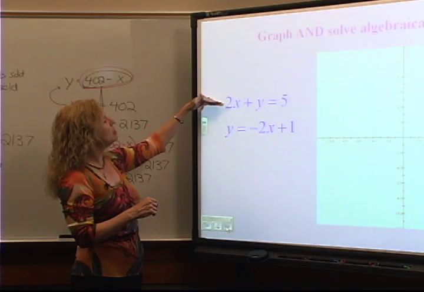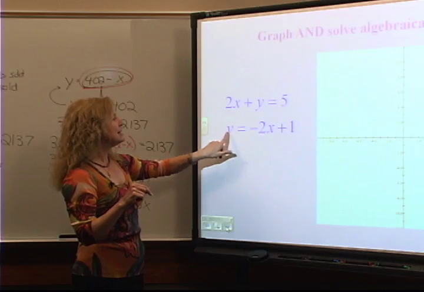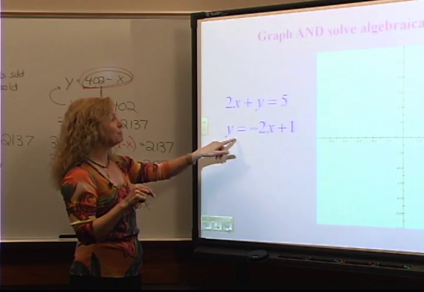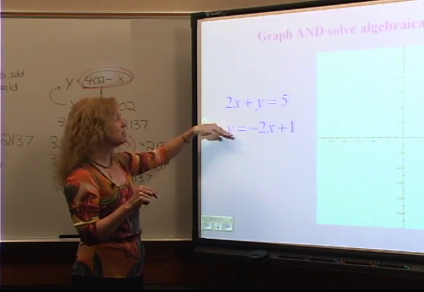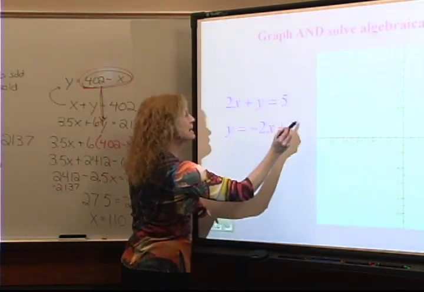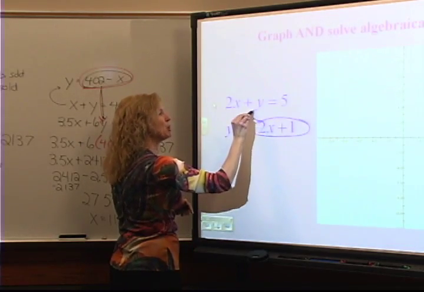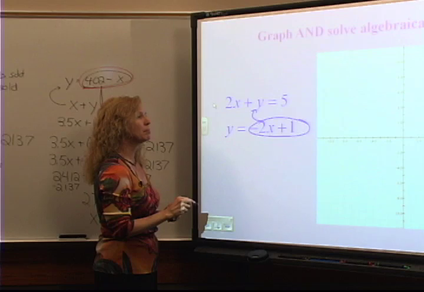And you look at that equation and then you look at this one and you say, oh, wow, he is solved for y. So I have two equations, two different variables. I'm going to take this negative 2x plus 1, and I'm going to put him right in place of the y.